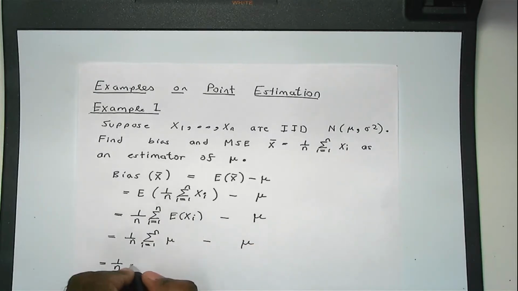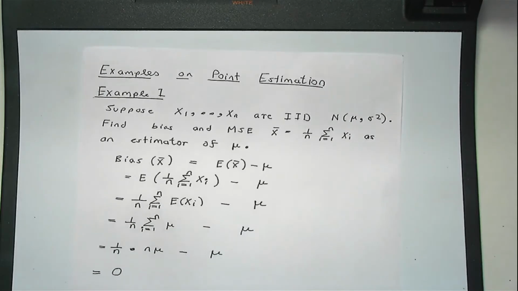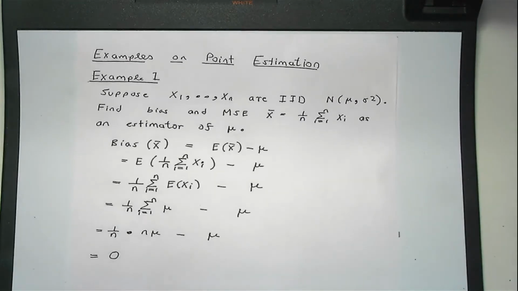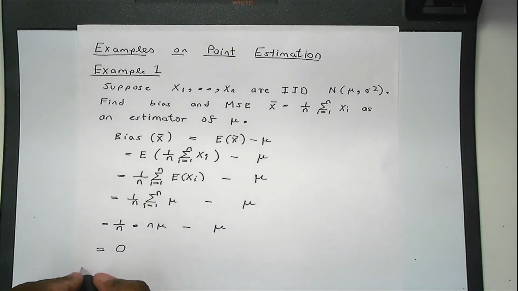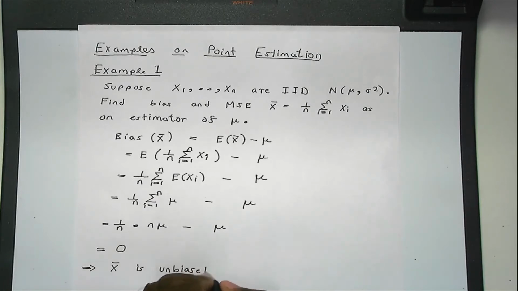Sum of a constant is n times mu minus mu. So this is 0. So the bias is equal to 0, which implies that x bar is unbiased for mu.